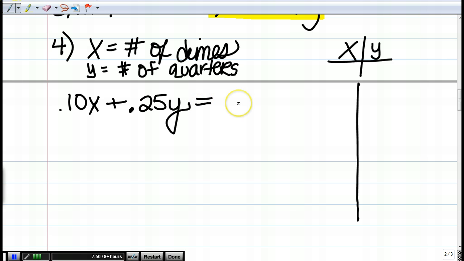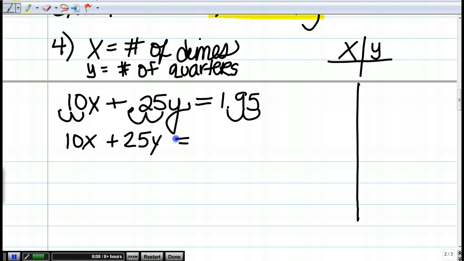And it says that she has $1.95, and it wants to know how many combinations of dimes and quarters she could have. So I'm going to make this easier on myself, and I'm going to move the decimal over twice. I have 10x plus 25y equals 195.